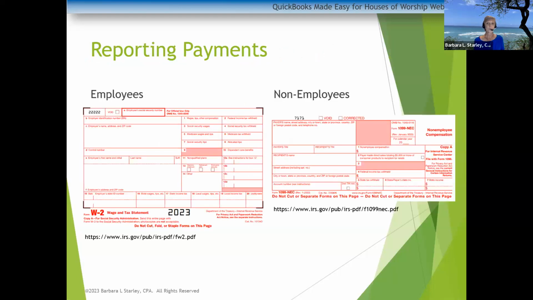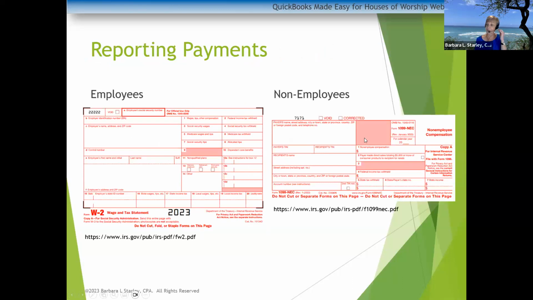Okay, so when we report payments to employees, we always use a W-2 form, okay? When we have a non-employee, we always use a 1099. So again, there's no such thing as a 1099 employee or a contract employee. They are either an employee or not an employee.